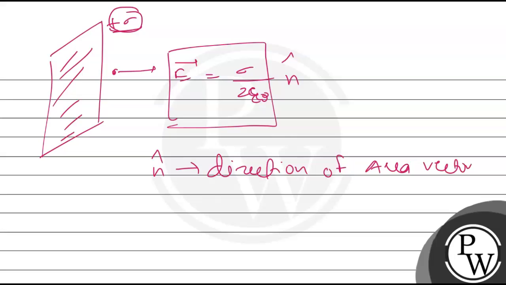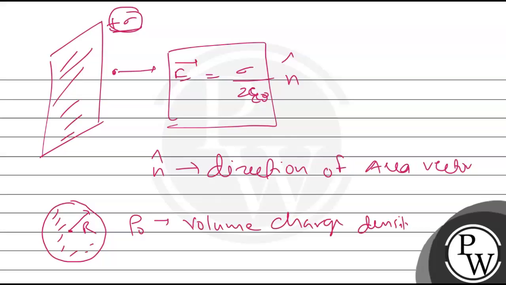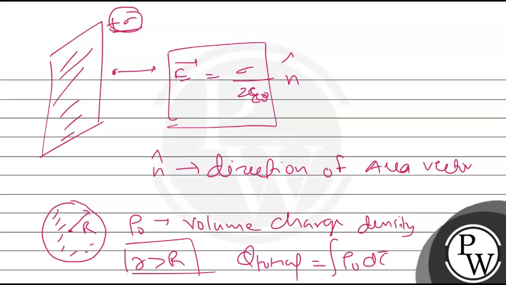Now let us write the electric field due to a uniformly charged sphere. Let us suppose this is a sphere. The radius of the sphere is r. It is uniformly charged and the charge density is rho, that is the volume charge density. The electric field outside the sphere, that is r greater than the radius of the sphere, can be treated as that of a point charge, and the total Q carried by the sphere will be equal to the integral of rho d tau over the volume of the sphere.